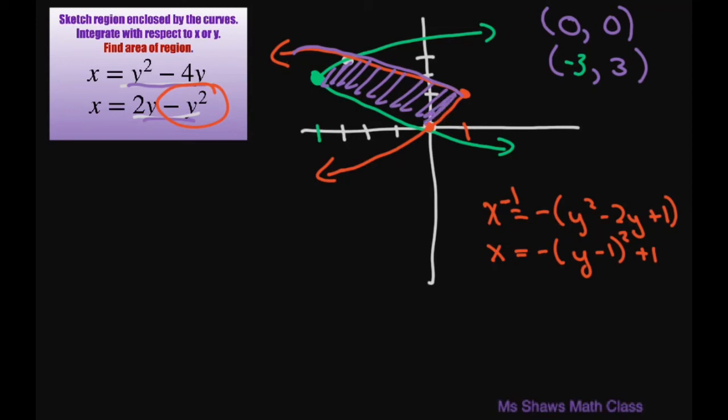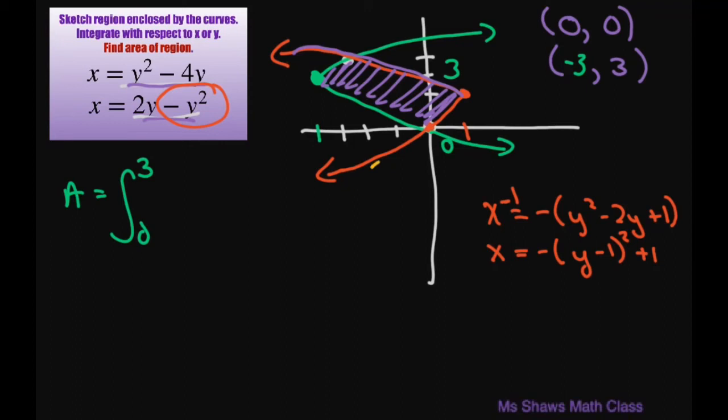So we're going to integrate with respect to y. We're going to go from 0 to 3. So the area is going to be equal to the integral from 0 to 3. Now we want to do right to left. So we're going to have to subtract these two, and you want to do right to left.